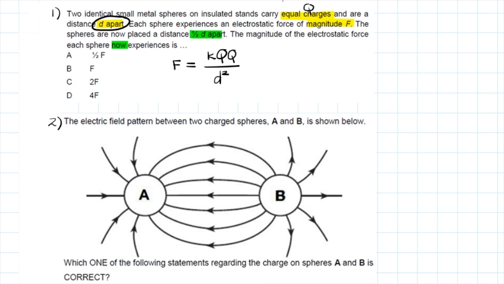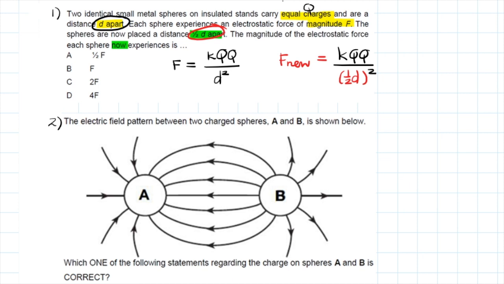After they are moved, we see that the distance changes to half d. The new electrostatic force is therefore going to be equal to k Q multiplied by Q, because we did not change the charges, but we're going to divide this by half d, which we place in the place of the distance, and we still square this.